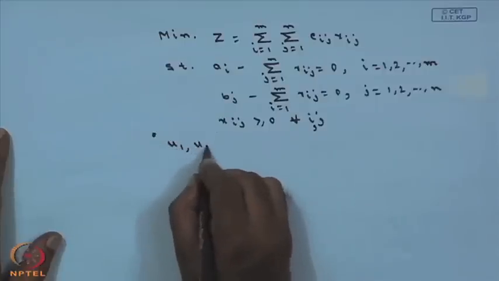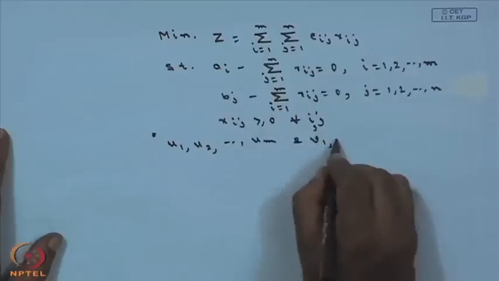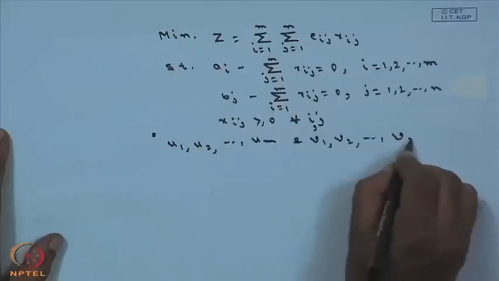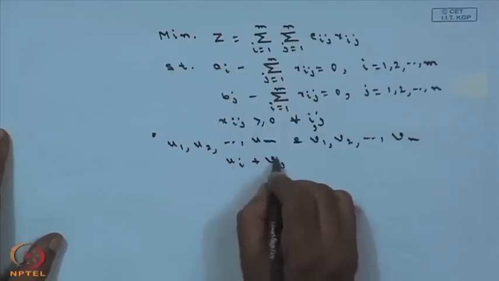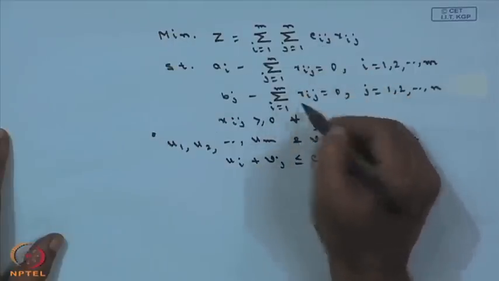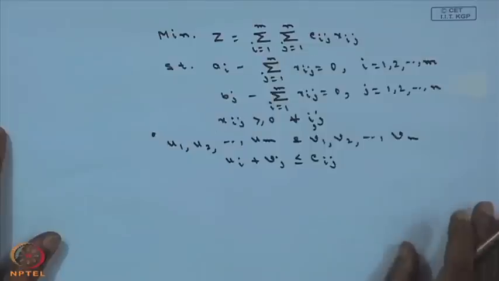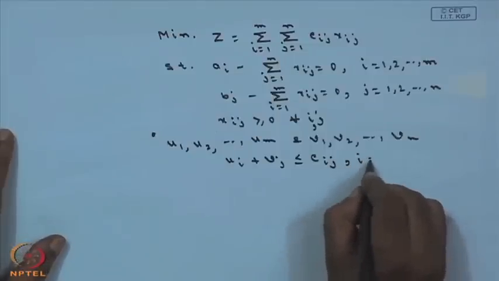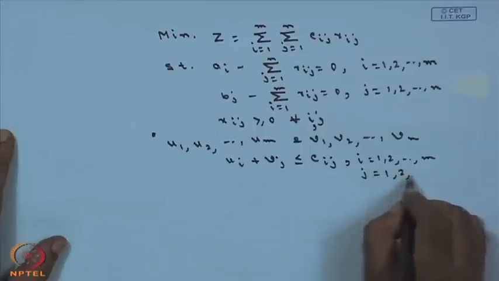Using the dual variables u_1, u_2, ..., u_m and v_1, v_2, ..., v_n, the constraint would be u_i plus v_j less than or equal to c_ij, where u_i is the variable corresponding to the supply constraint and v_j is the variable for the second constraint, with i varying from 1 to m and j varying from 1 to n.